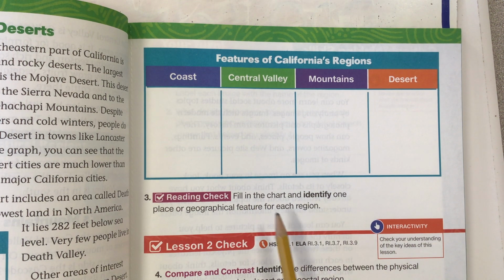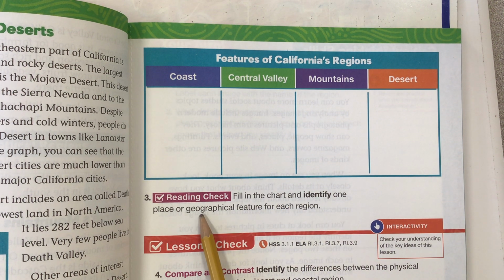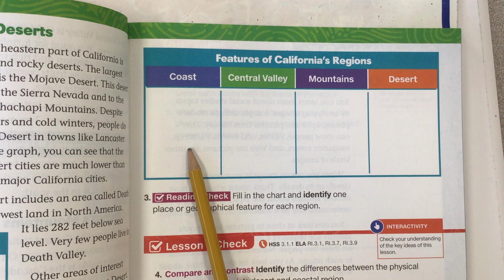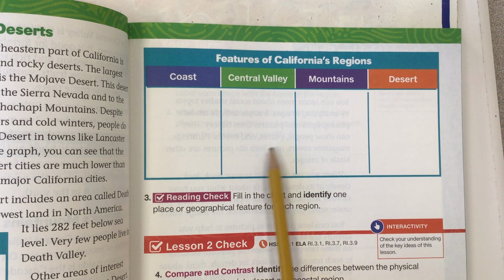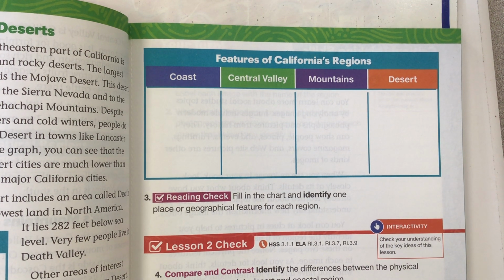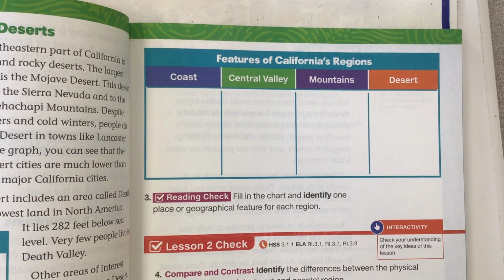Reading check. Fill in the chart and identify one place or geographical feature for each region. So I want you to go back and find an identifying feature for the coast, the Central Valley, the mountains, and the desert. If you would like, you can rewind this and go back, or you can read yourself. So let me give you an example.